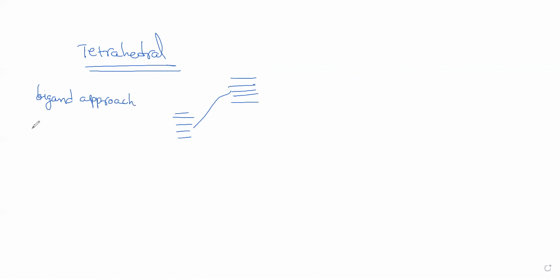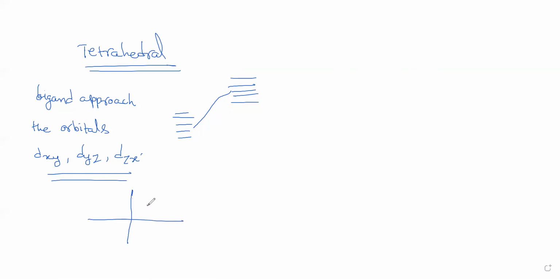in the ligands approach the orbitals dxy, dyz and dzx. This is how ligands will approach these orbitals. So the ligands will approach from in between the axis. So that's how you can think of.